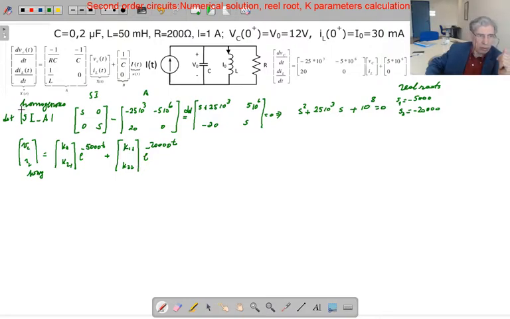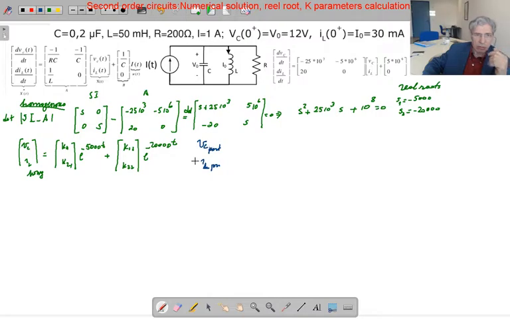So that was the homogeneous solution. So for the particular solution, let me use another color. So remember, now we are looking for VC particular and IL particular. That's L, inductor current, that is.